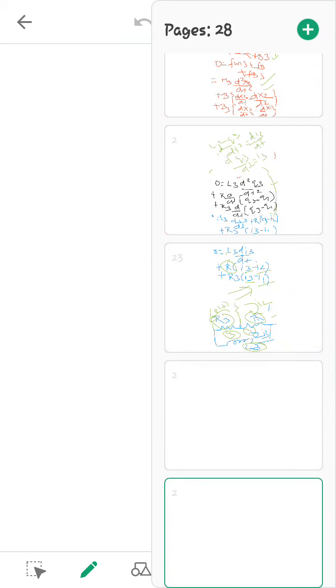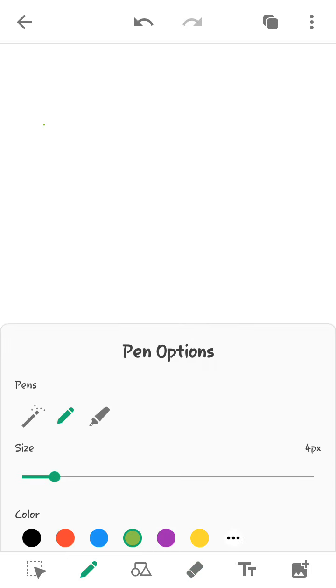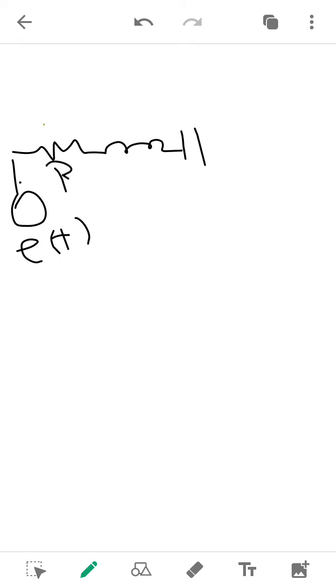So for the first mesh I was having E of t, R, L, C. Let me draw a little bit small. So R, L, C applied with the E of t, and this is my first mesh.